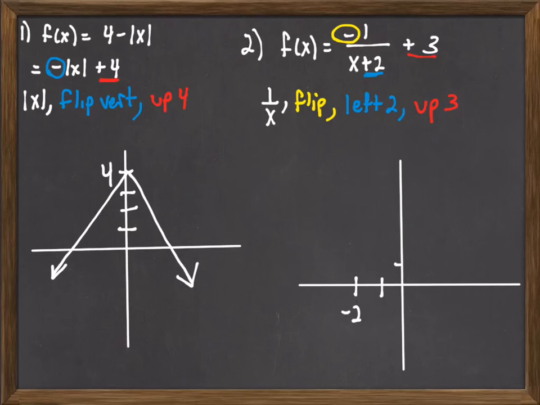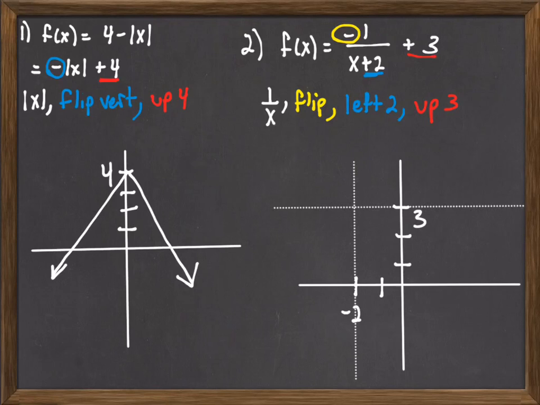We then go ahead and draw in our axes, making our horizontal and vertical changes. Now remember, with the 1 over x graph, we don't actually have 0, 0 as a point, so we use those new values of negative 2 and 3 to draw in our new horizontal and vertical lines to guide the graph. And then the last thing that we do is we draw in our graph.